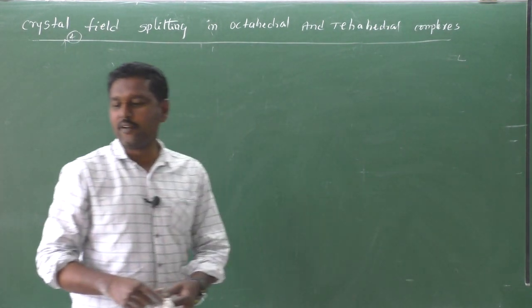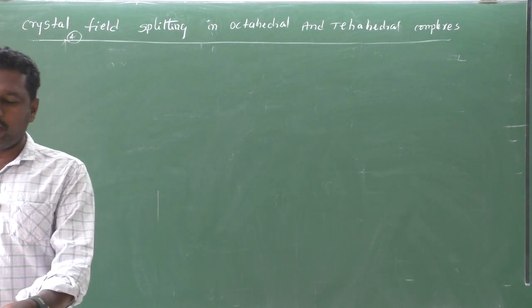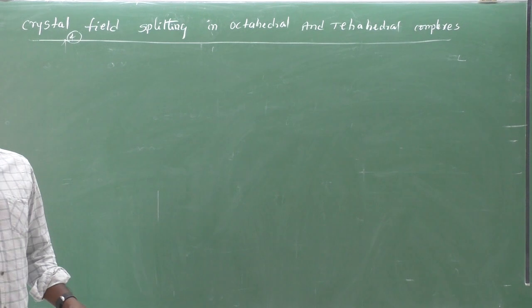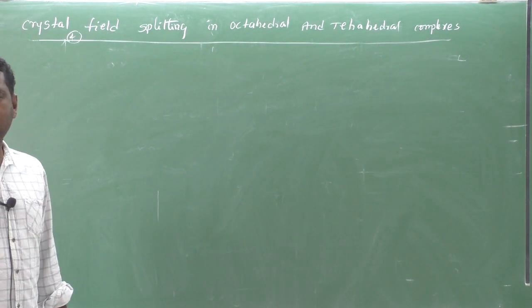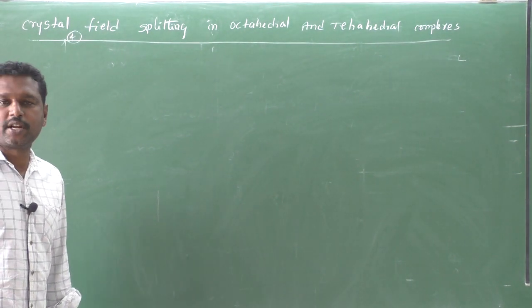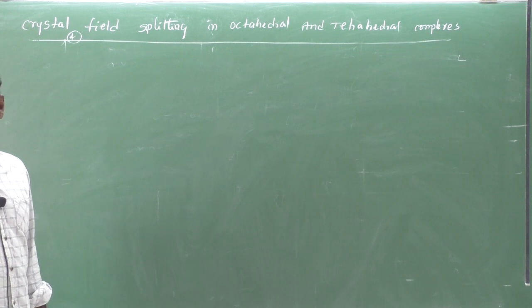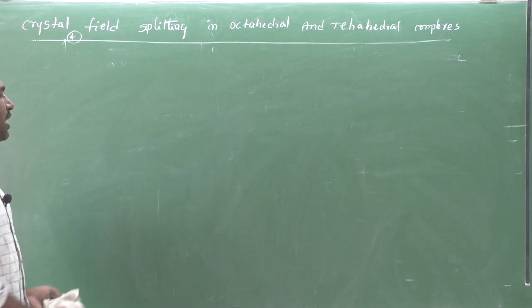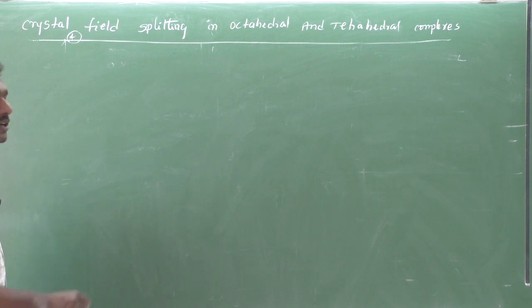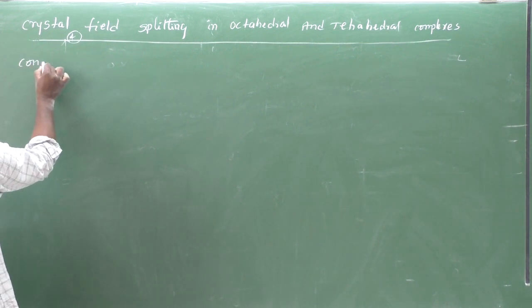So here I will write for weak field ligand. For weak field ligand also we can write configuration, distribution in weak field, stabilization energy and the number of unpaired electrons. I will write first one configuration.